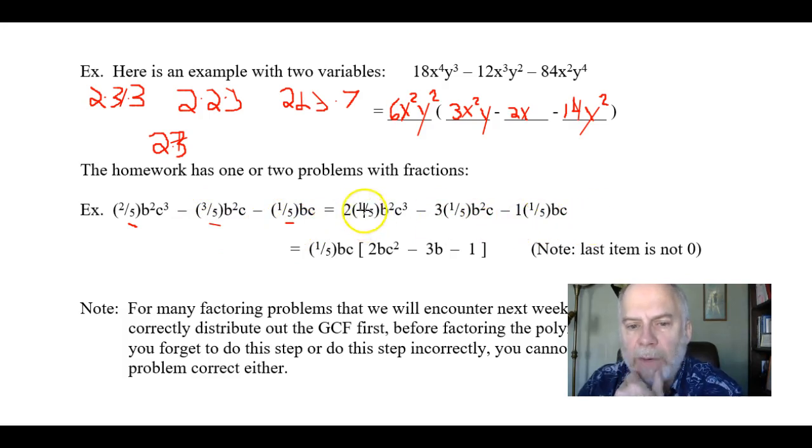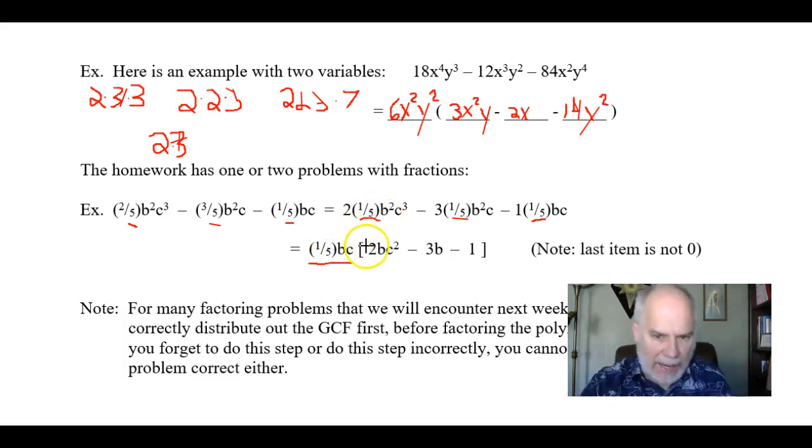So I've got this 1/5 in each of the expressions, as well as b's and c's. I have at least 1 b and 1 c in all 3 terms. So my greatest common factor will be 1/5 b and c. So if you pull that out, it's like just crossing, canceling it out.